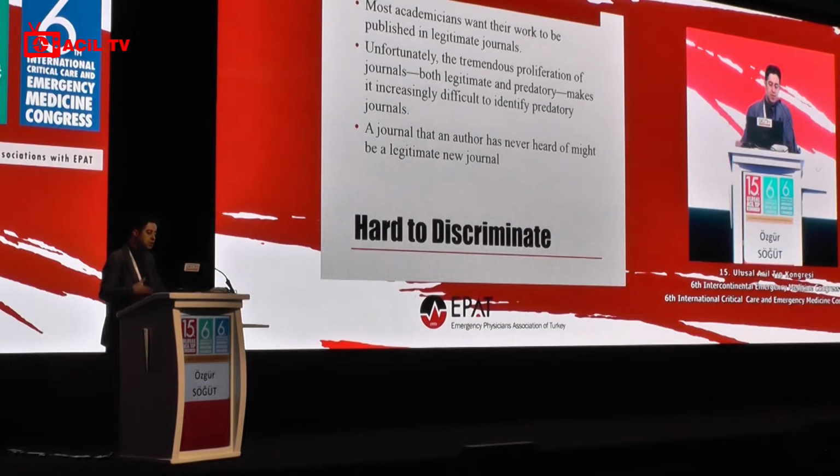Unfortunately, the tremendous proliferation of journals, both legitimate and predatory, makes it increasingly difficult to identify predatory journals. It is hard to distinguish predatory journals from legitimate journals. A journal that an author has never heard of might be a legitimate new journal.